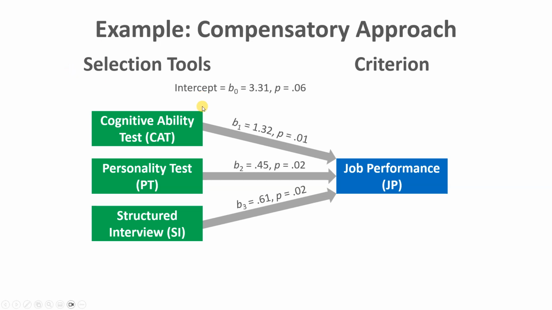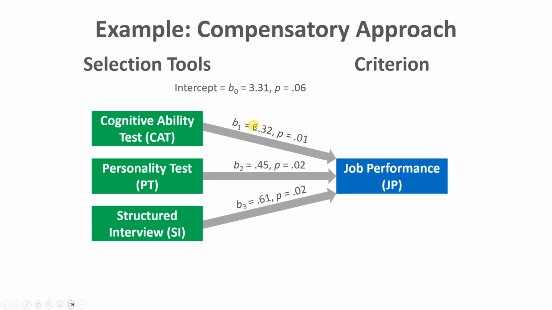That being said, we're often not interested in the statistical significance of our model intercept value. Now, moving on to the more substantive values, we'll see that the regression coefficients associated with each one of our predictor variables and its relation with our outcome or criterion variable appear here on the arrows. Starting with the cognitive ability test, you'll note that the notation for this regression coefficient is B sub 1 because it is the first predictor variable in our model.